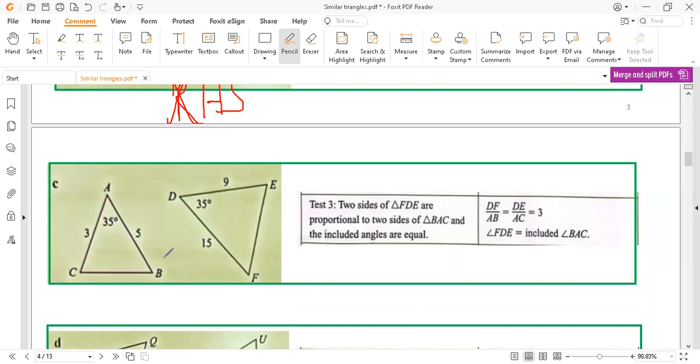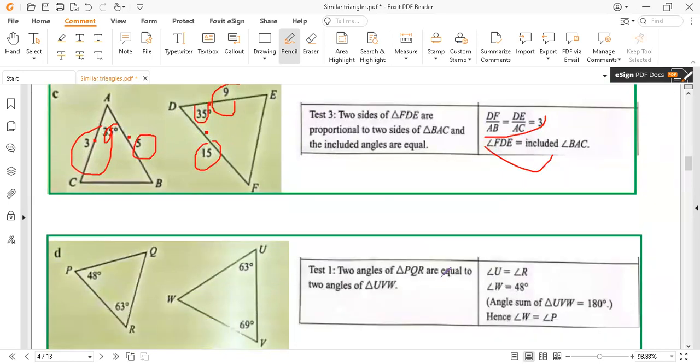They are corresponding, not matching, because in similar triangles they don't have the same length. It is sufficient to say that this angle equals this angle, included between these two corresponding sides, and that 15 over 5 equals 3, and 9 over 3 equals 3. So yes, they are in proportion, and the two included angles are equal.